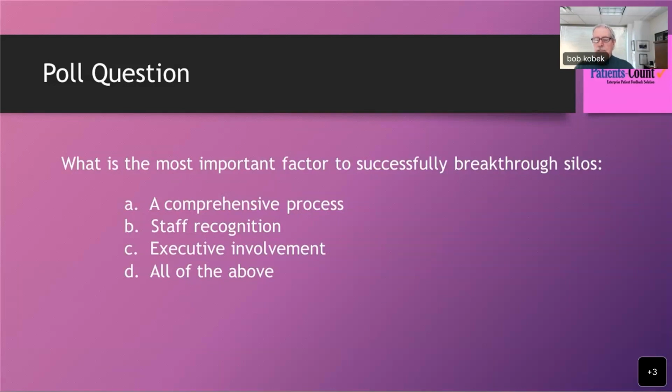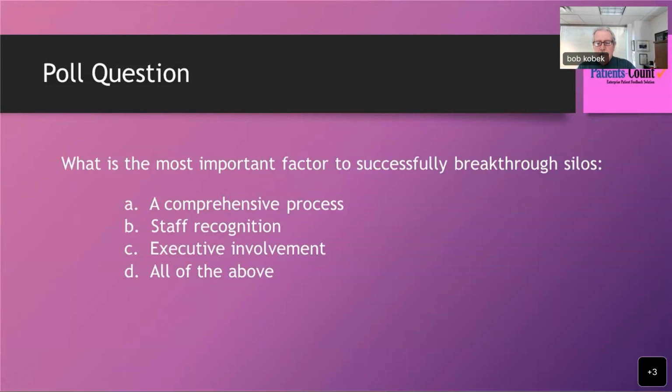Okay, there's the poll question. When we're talking about breaking through silos, we're talking about, to me, how convenient it is. What do you have to go through? I'm not talking to you, Ann, because I know we have to encourage and cajole and beg and say, have you talked to the marketing department? Have you talked to whatever department?